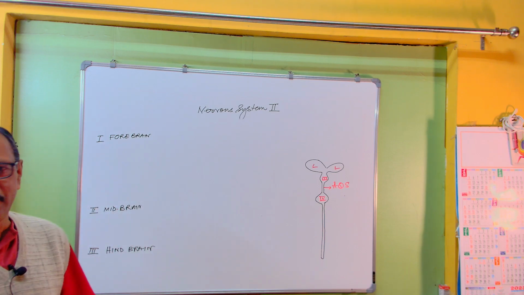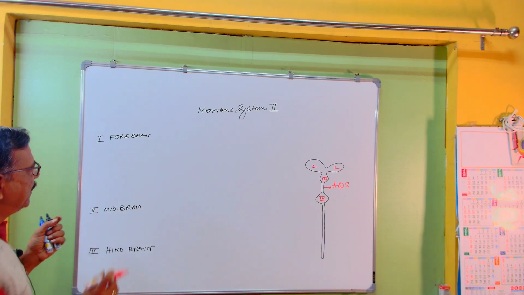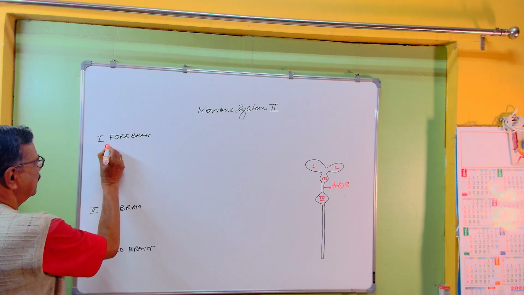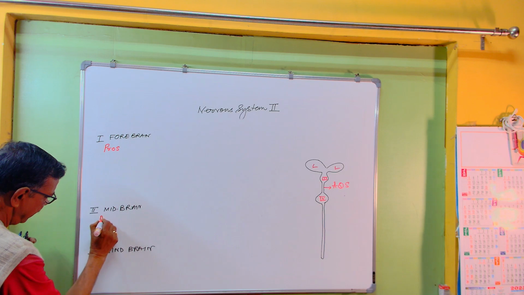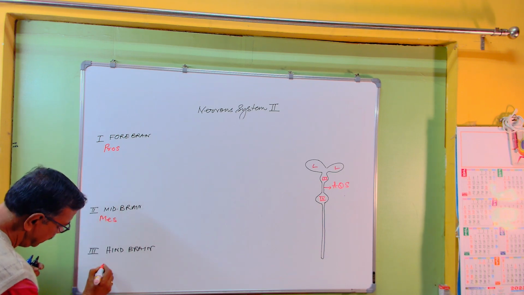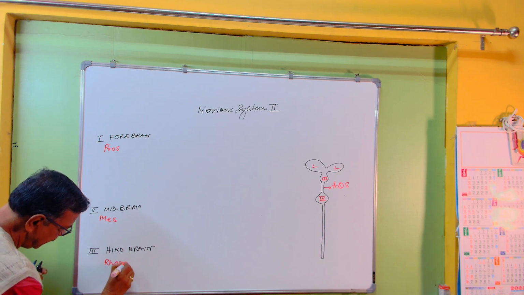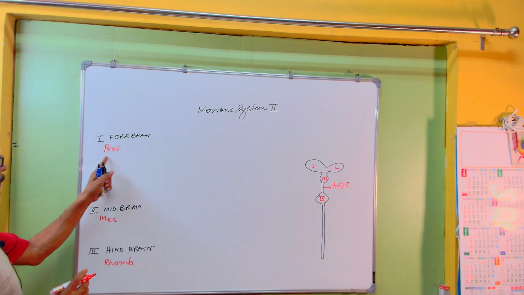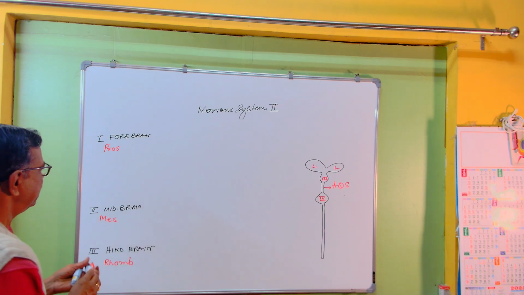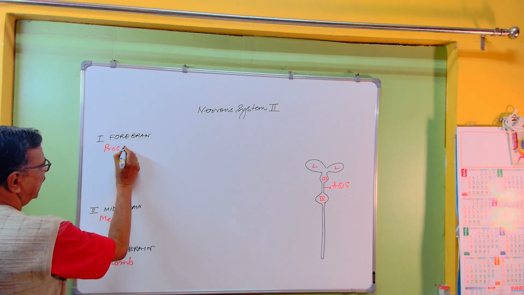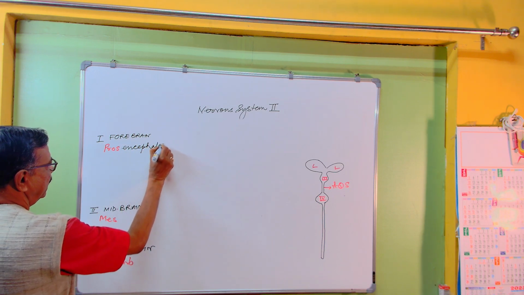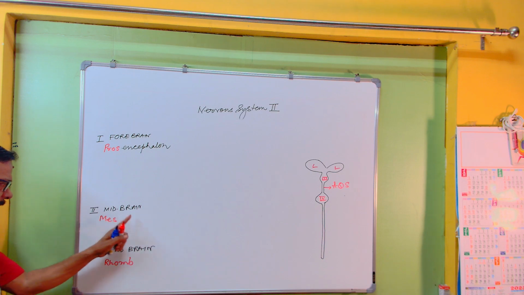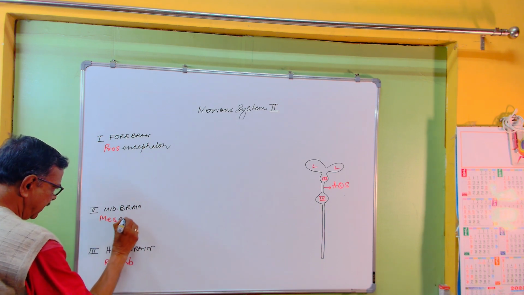Forebrain is known as prosencephalon. Midbrain is known as mesencephalon.